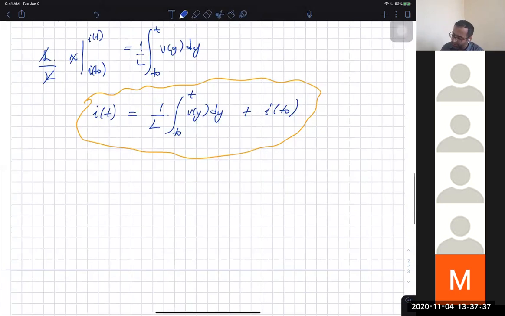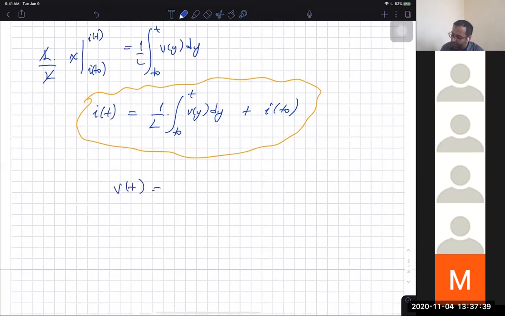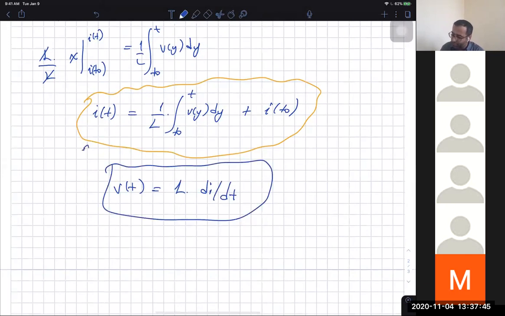We were saying V(t) is L times di over dt, right? By using these two equations, I can do the transitions either from current to voltage or from voltage to current very easily when I know, of course, the initial conditions. But the initial condition only matters for this current equation.